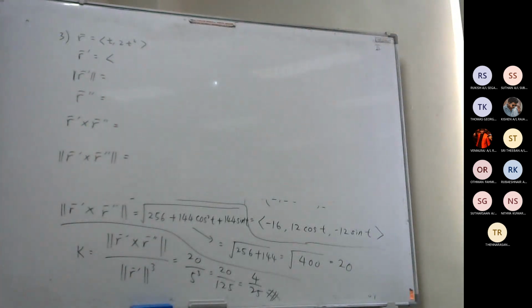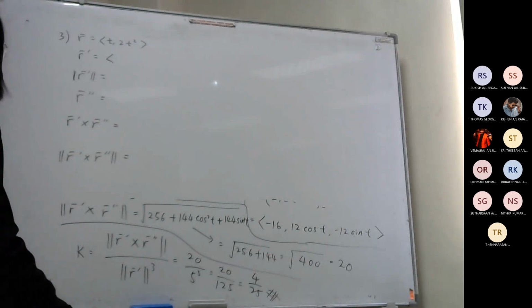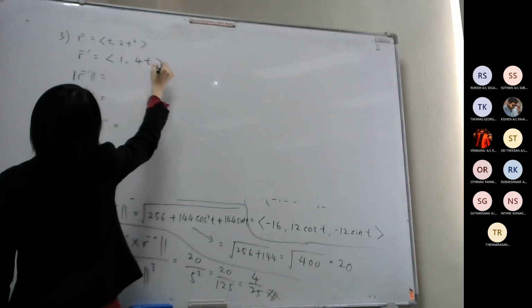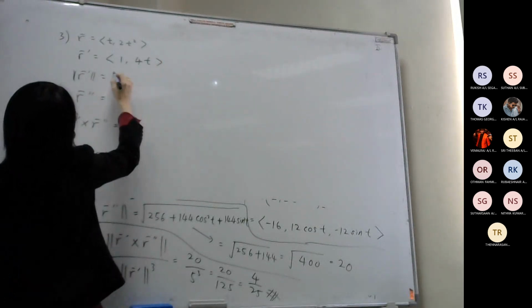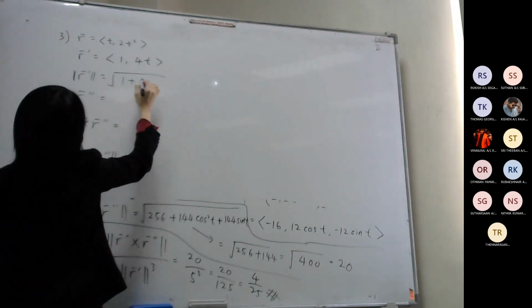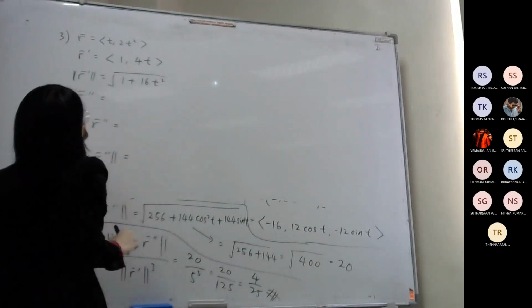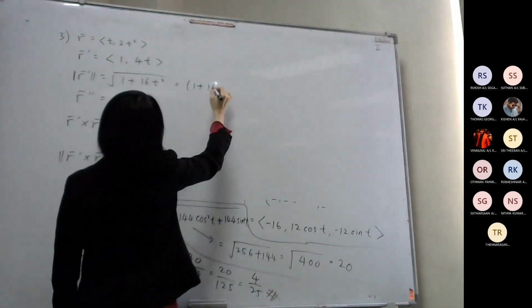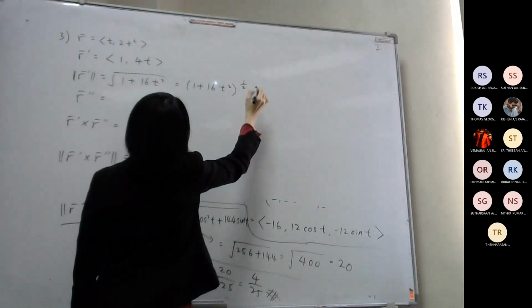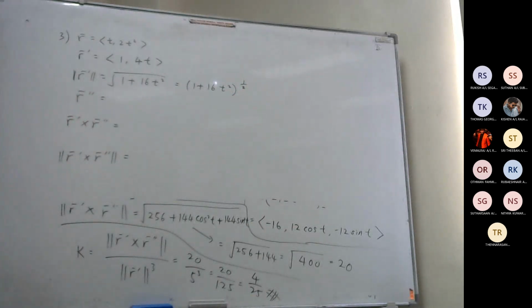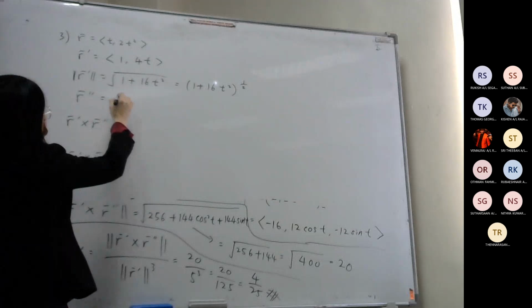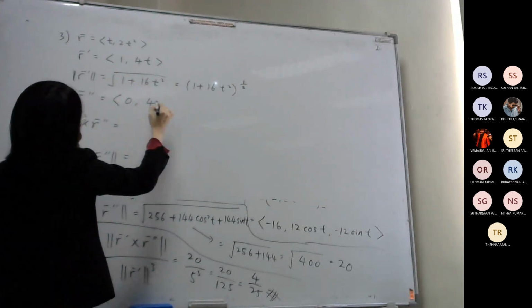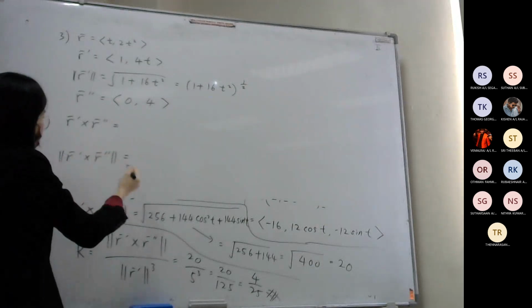R prime is 1 and 4t, so the magnitude is 1 plus 16t², which we can write as (1 plus 16t²) to the power of half. Then r double prime is 0 and 4.